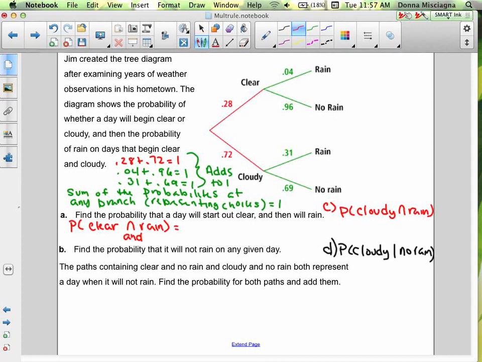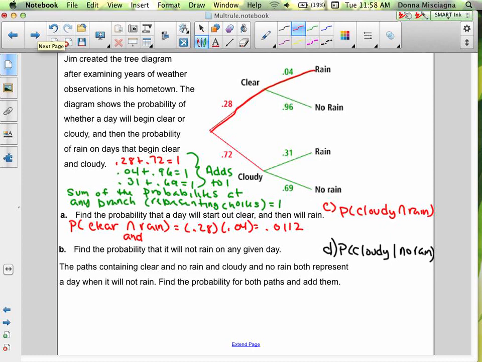So we're going to go down the path that says clear, and we're going to take that probability. And since we want to find the probability of clear and rain, we're going to multiply the two probabilities together. We're going across the branch, we multiply the two probabilities together. Right? And if we multiply those together, we have 0.0112. All right, let's look at the next one.